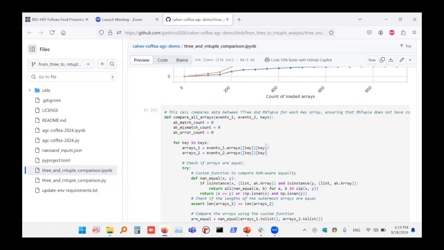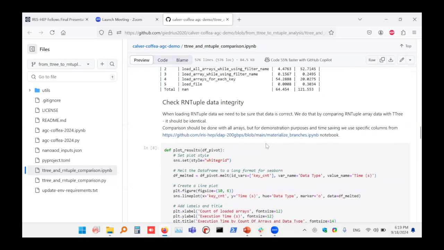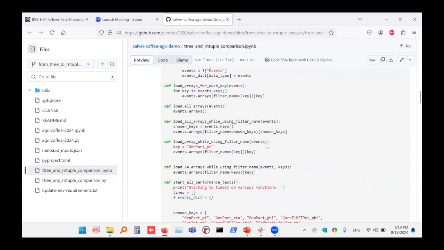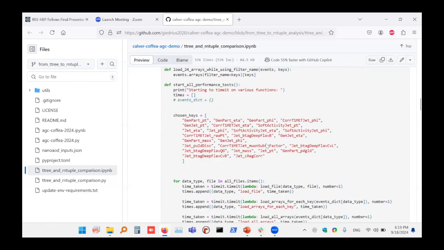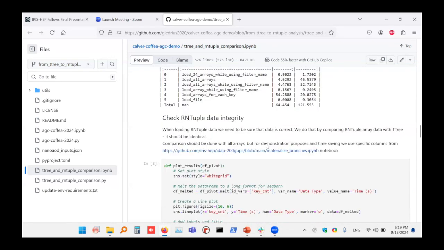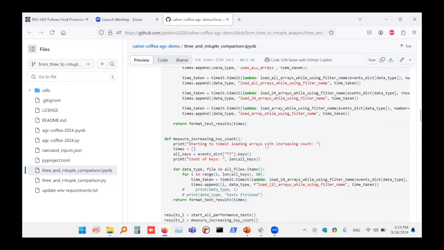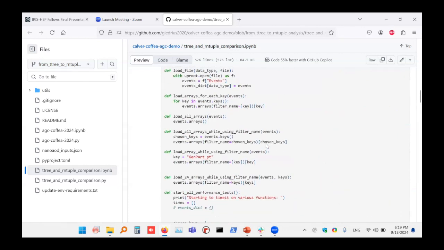So there are a lot of ifs, but yes, you could run an RNtuple file with this, and it does the tests, well, not all of them, because there's the TTree comparison. You would have to compare TTree and RNtuple. But you could try, yes. All right. So even on the ROOT side, this is not completely fixed yet, right? As you say, the master branch of ROOT is not going to give you a good RNtuple file yet.